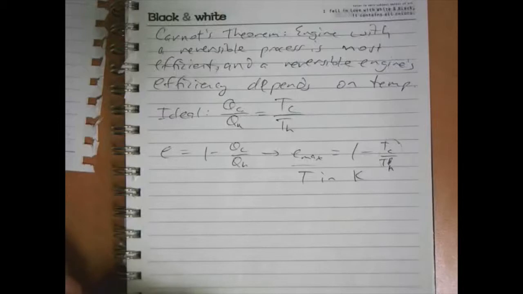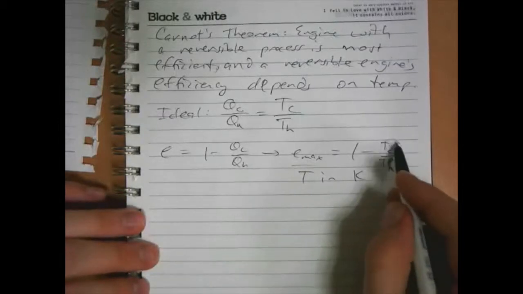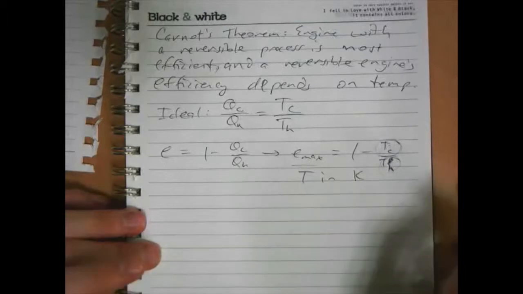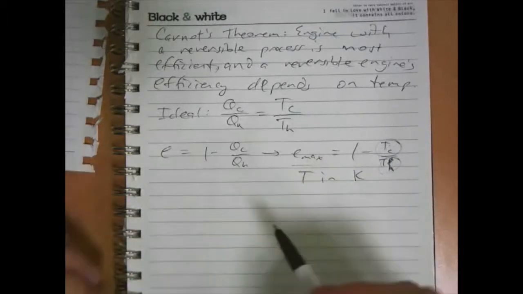So clearly, the smaller this is and the larger this is, the more efficiency you're going to get out of an engine. You want the cold reservoir to be as cold as possible, the hot reservoir to be as hot as possible.